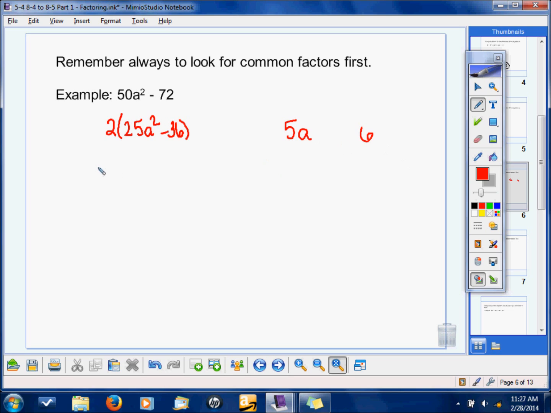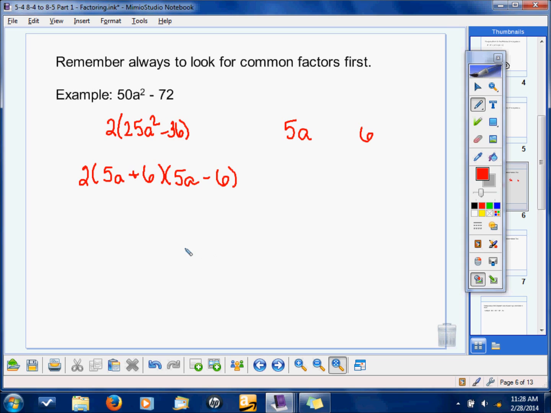So in our little format, you take these two numbers, the things that are squared, and you do 5a plus 6 and 5a minus 6. Very nice, simple thing to do.